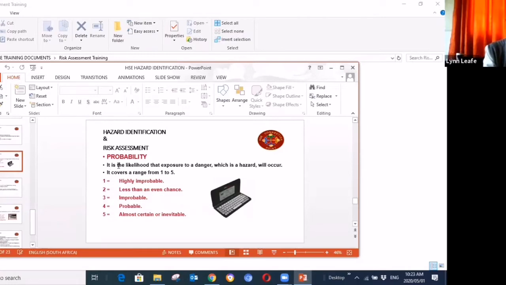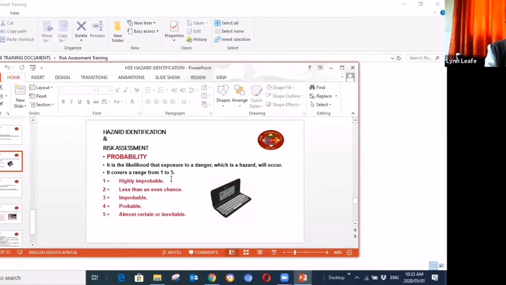Probability. It is the likelihood that exposure to danger, which is a hazard, will occur. It covers a range from 1 to 5: highly improbable, less than an even chance, improbable, probable, almost certain, or inevitable. You then choose which relates to the risk or the hazard related to your task.